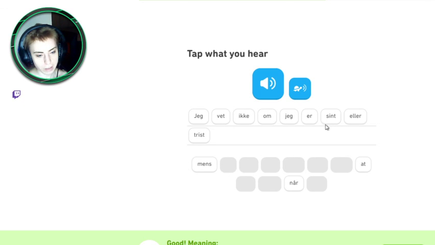Or it is applying here, because the verb is in the second position, but I guess it could work as combining two sentences. So jeg vet ikke, vet is the second position, and then er is behind jeg.